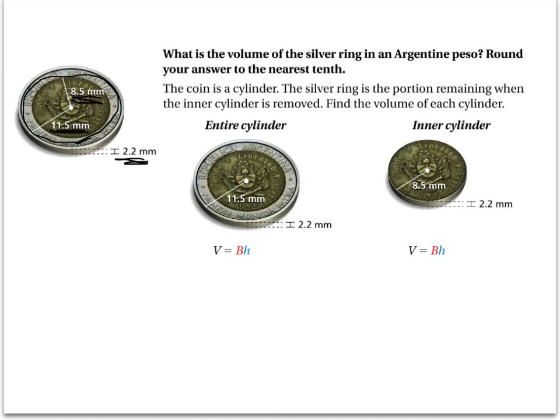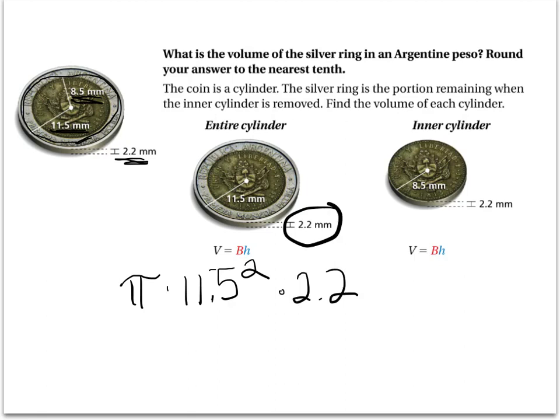For the entire cylinder, I have to use the 11.5, so I'm going to go pi times 11.5 squared. Multiply that by the height here, which is 2.2. When I do that, 11.5 squared times 2.2 gets me 290.95 pi.